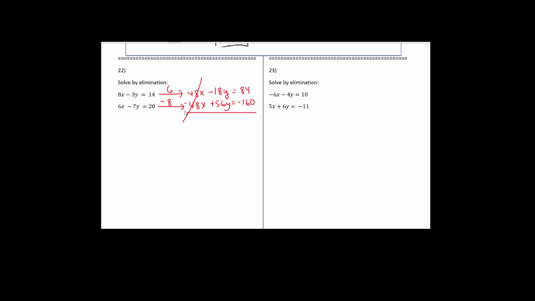Now these two cancel. And right here we get negative 18 plus 56 is 38y. And on the other side we get negative 76. We divide both sides by 38. So y equals negative 2.